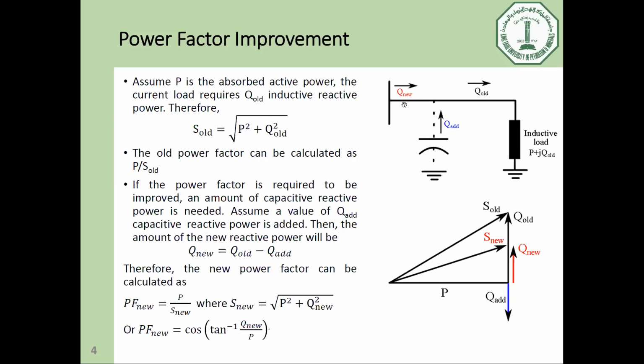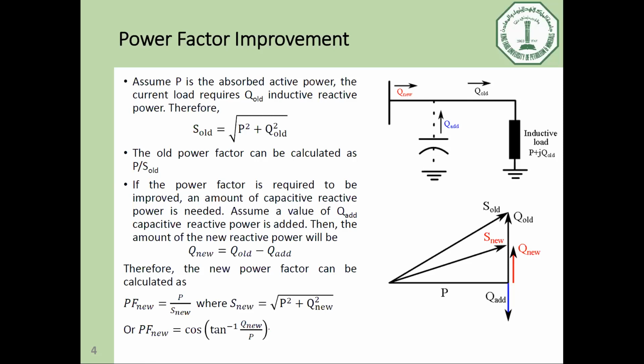So the minus 100 kilovar, we can obtain it from another reactive load, but a capacitive one. So we can add a capacitor, and this capacitor can add the same value but in negative, because negative means capacitive. Positive means inductive and negative means capacitive.